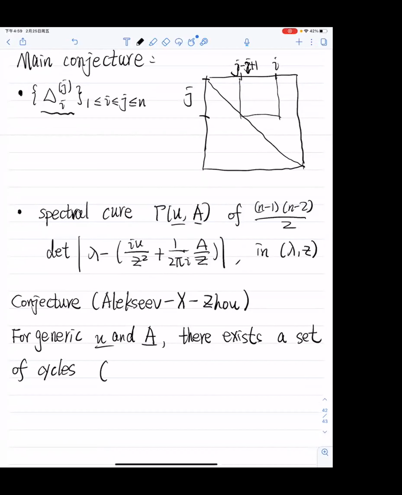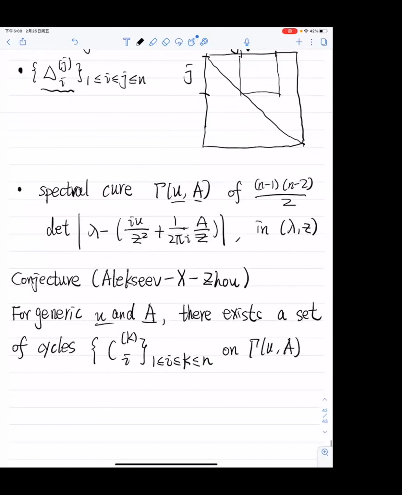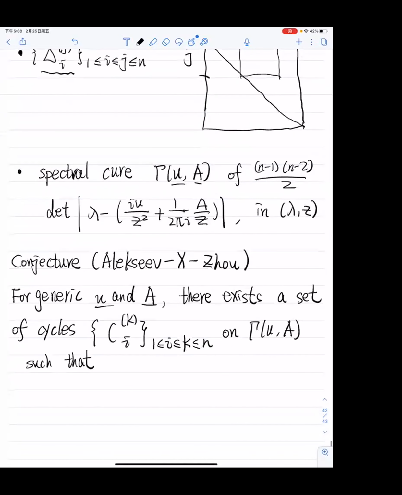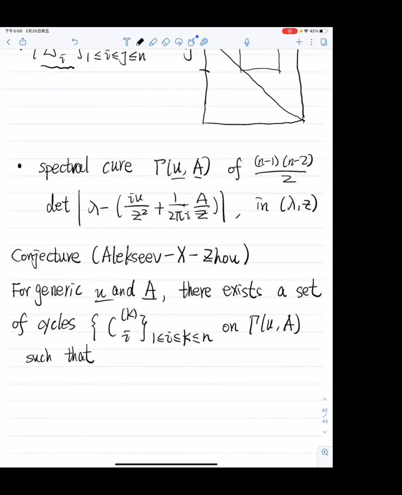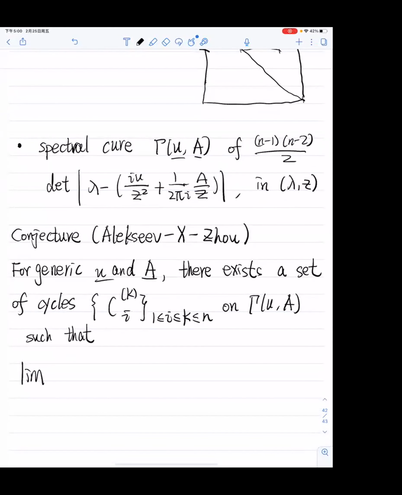Let's call it C_K^I. So here again, this C_K^I, the indices I and K certify this condition. So these are certain cycles on your spectral curve such that the pairing between cycles and the canonical one form on your spectral curve is exactly the WKB leading term of your Stokes matrix.